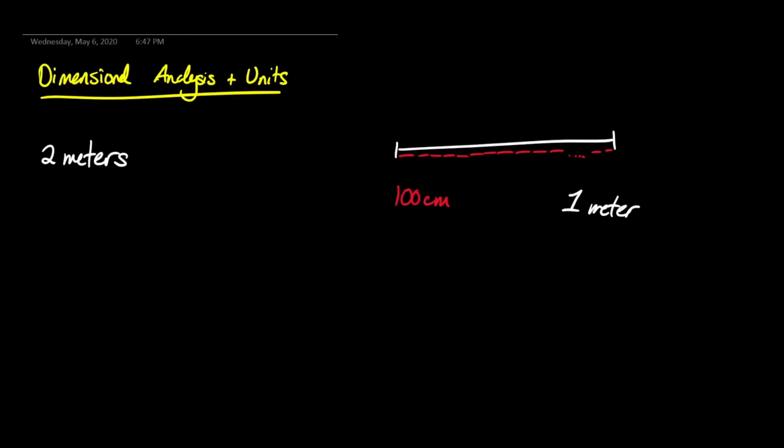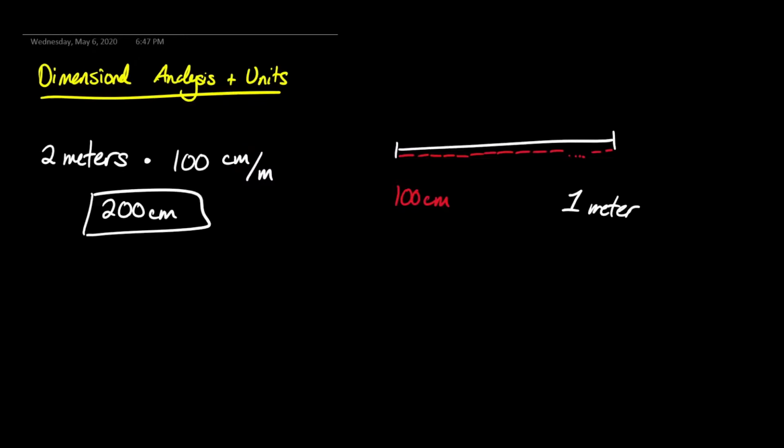You know that in each meter there are 100 centimeters, so a way you could do it would be to take 2 meters and multiply it by 100 centimeters in each meter. This would give you the answer of 200 centimeters for 2 meters expressed in units of centimeters.